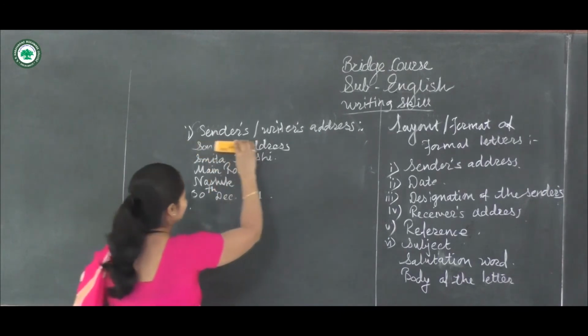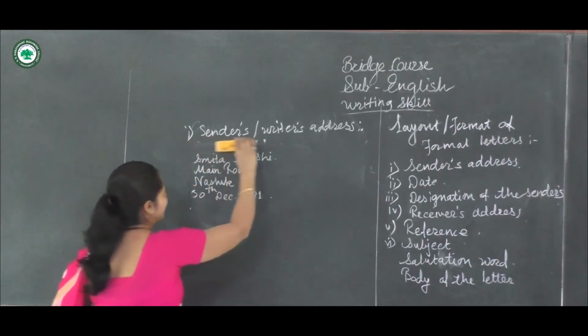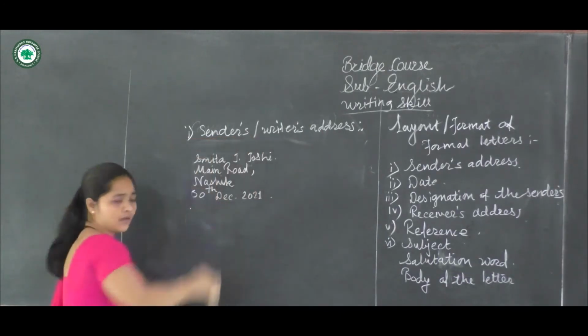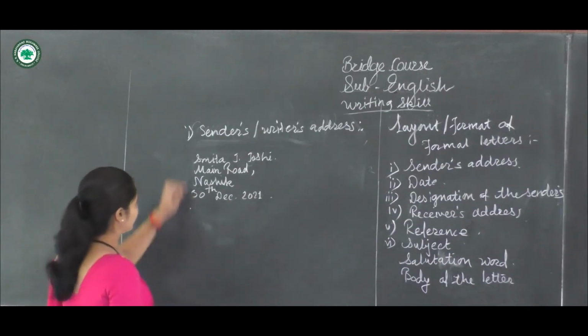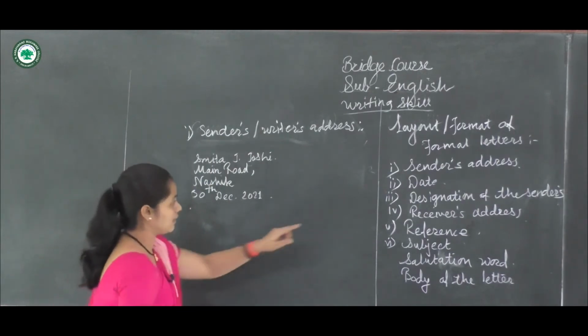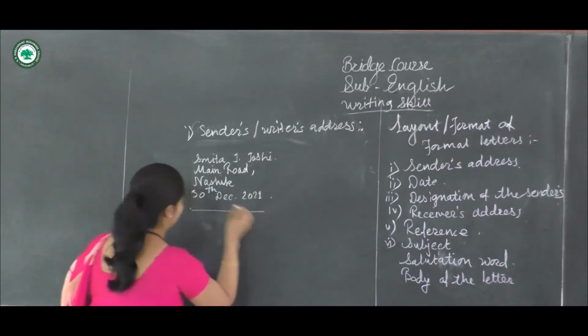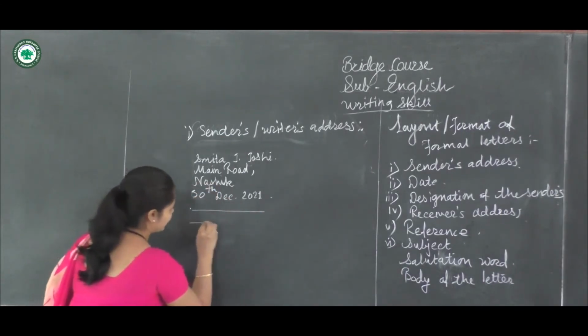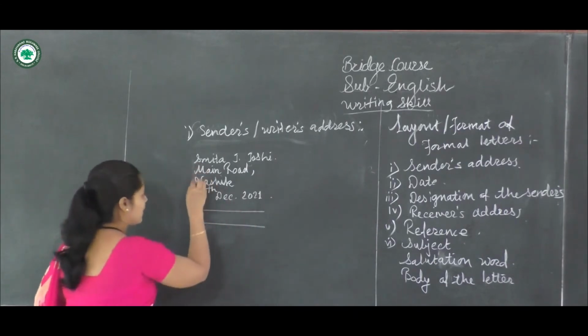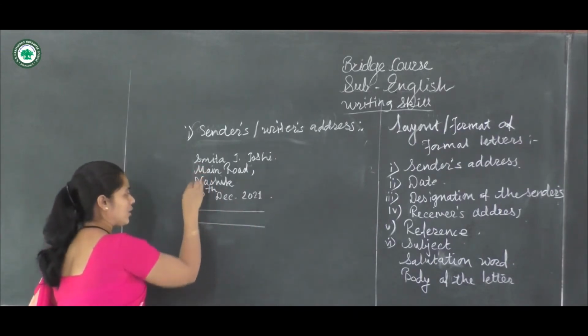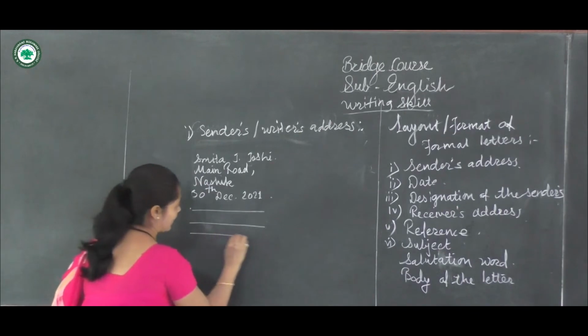Do not put a heading. For your understanding, I have only written it. Now next to it, write the receiver's address like that. The letters also like that, exactly beneath each other, each and every one.